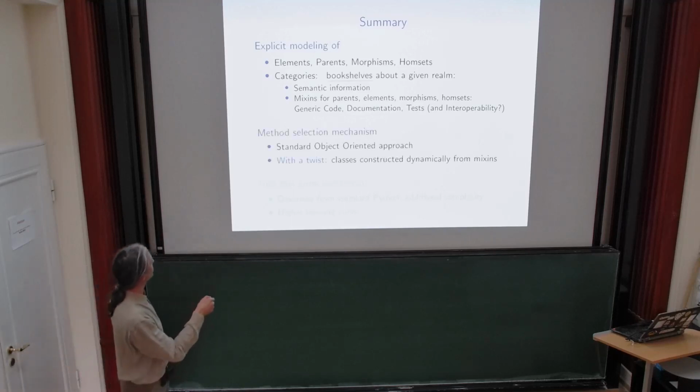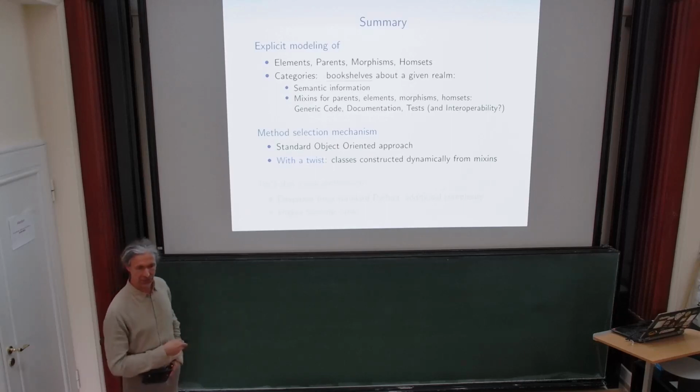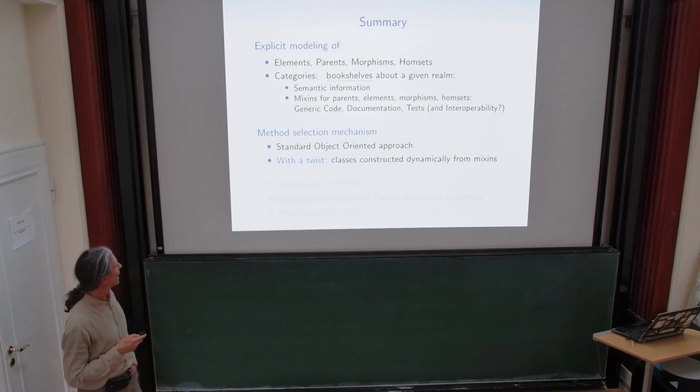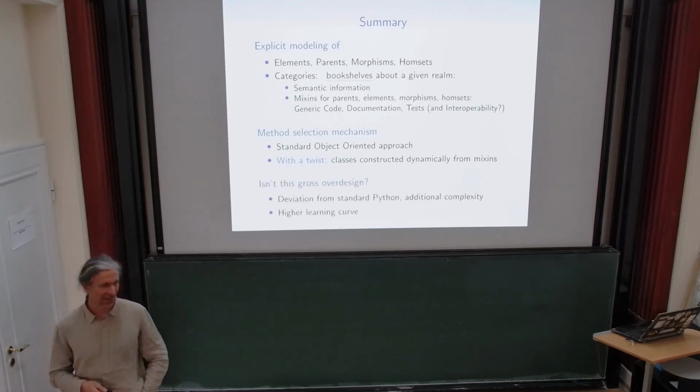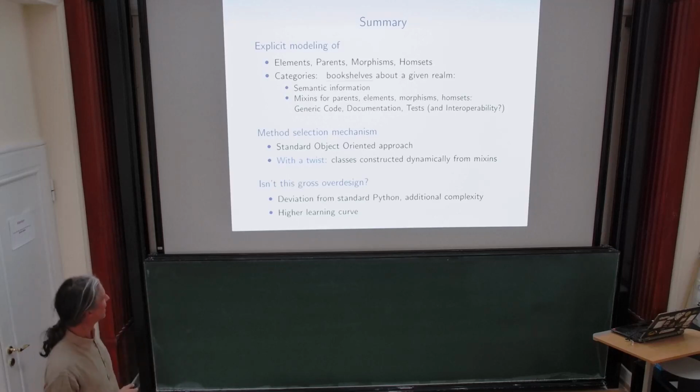The method selection is based on standard object-oriented programming, except that you have this twist that the classes are not written themselves, they are constructed dynamically. And then, of course, there is the question of this design, and that's been long decided. There are two things that are not that good.